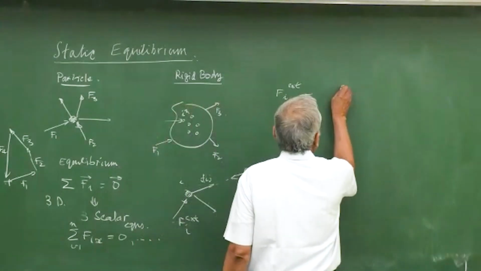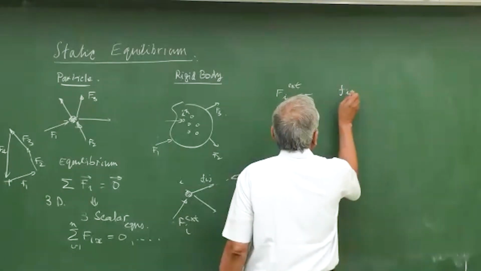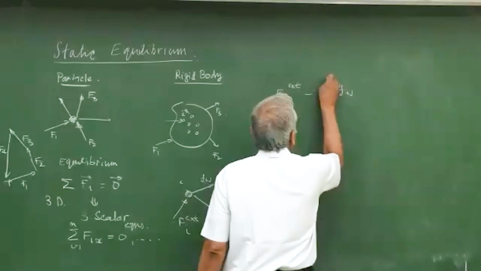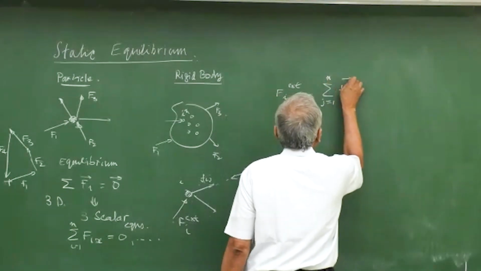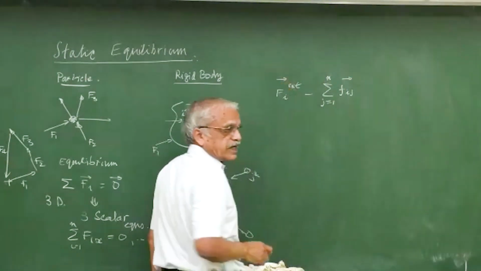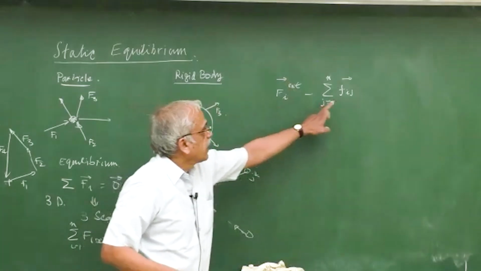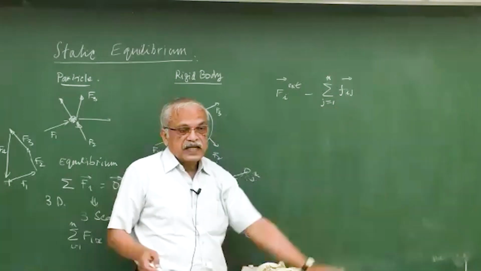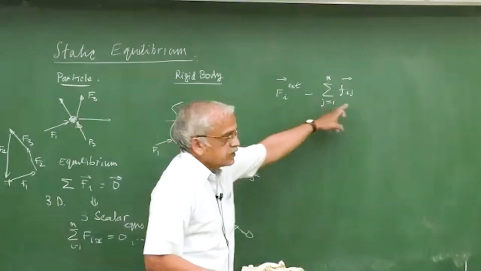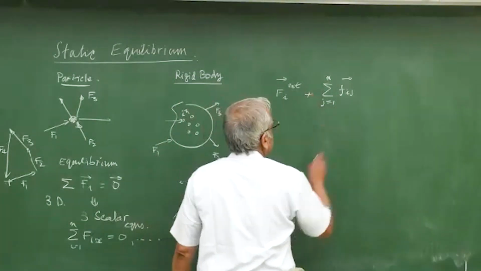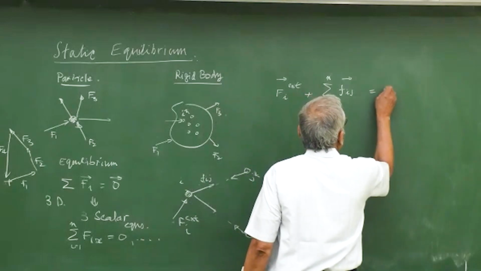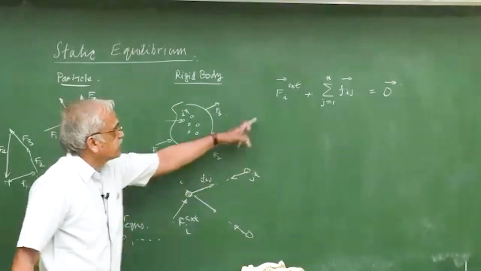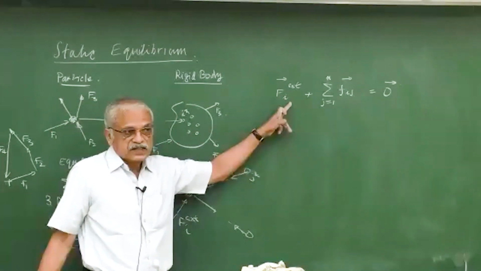I'll put it as a summation, Fij, j going from 1 to n, and this is a vector quantity. These are the external forces, and these are due to the internal forces because of the neighboring particles. All these put together, plus, should add up to 0, right? So this is the equilibrium of the ith particle.